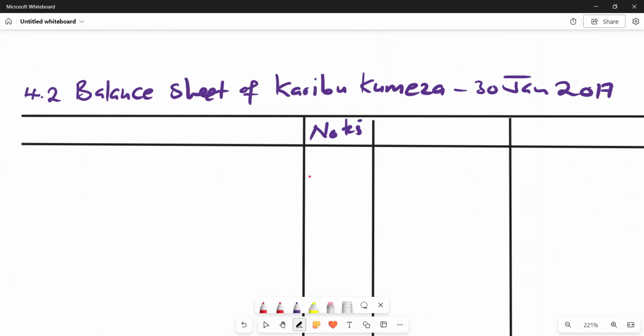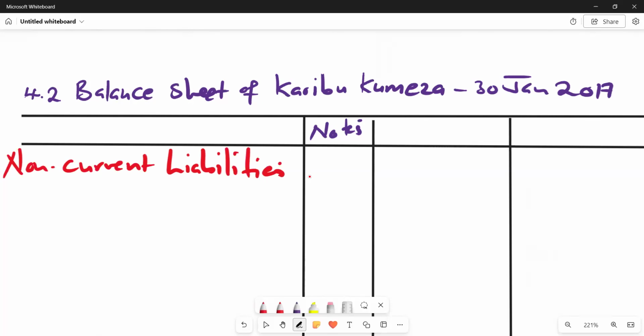If the item had notes that were prepared for that figure, then we're going to start with non-current liabilities. So we say non-current liabilities.